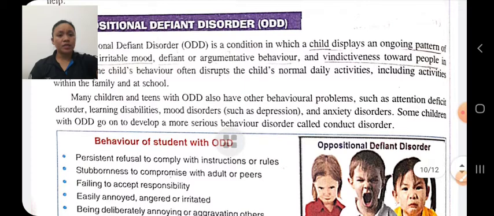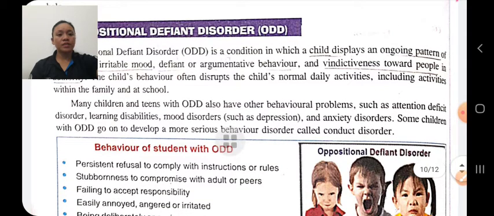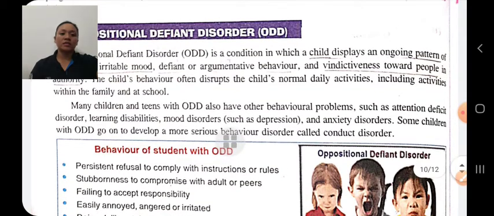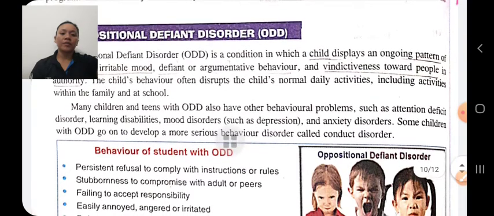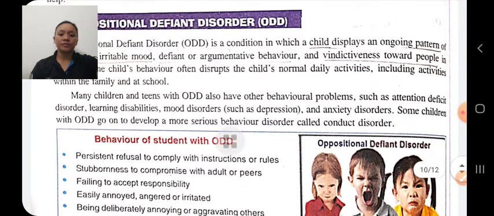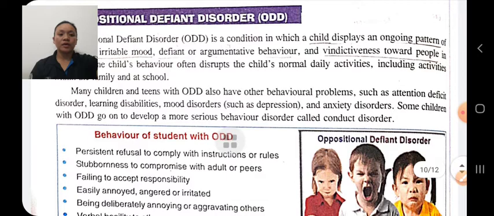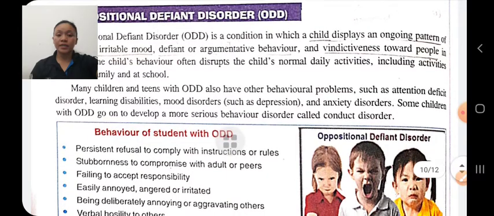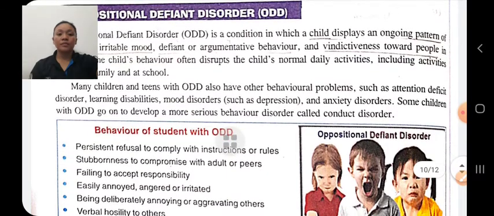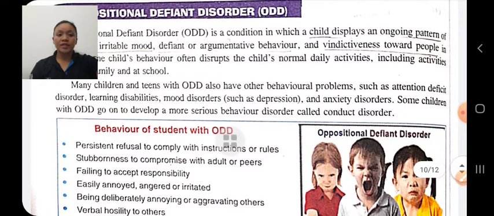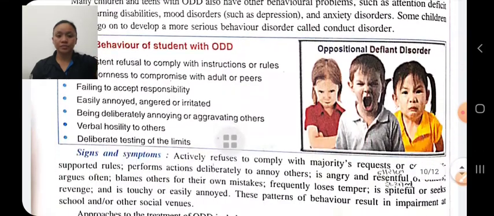Many children and teens with oppositional defiant disorder also have other behavior problems like attention deficit disorders, learning disability, mood disorders, anxiety disorders, etc.